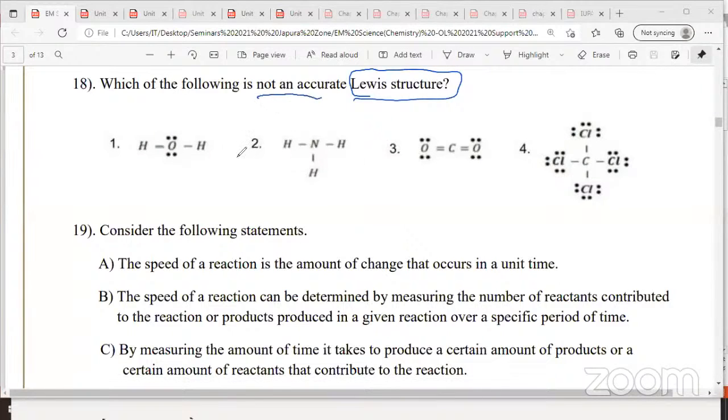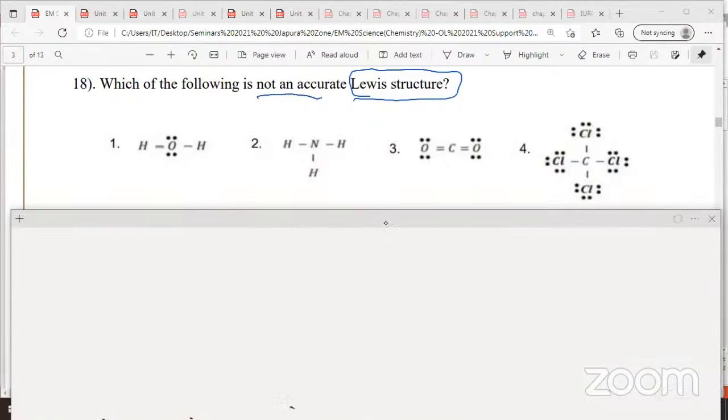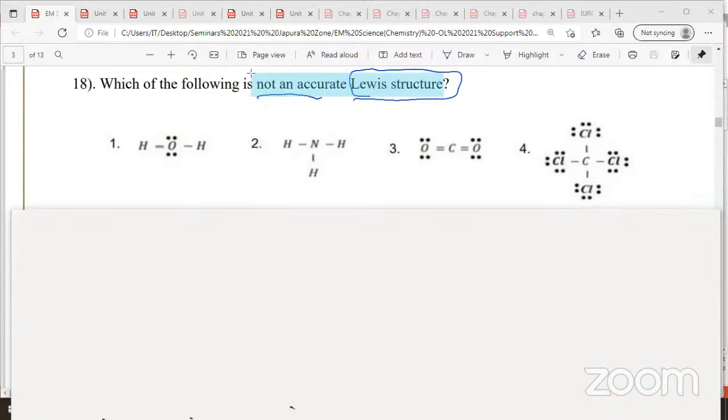Any volunteers? Let's see how many of you can guess the answer for the 18th MCQ. I'll ask Ransika, Moksha: second.